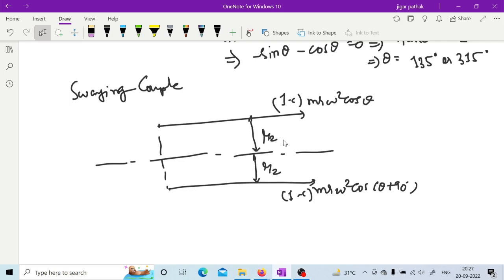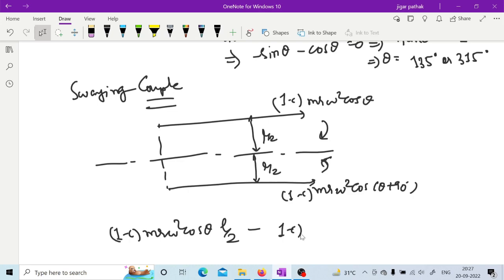So if both are at L by 2 from the center line, then here we are discussing about couple, right? If you take moment about the center line, then you have swaying couple as (1 minus c) m r omega square cos theta L by 2 minus, because here see the direction of couple is different, one is clockwise, other is anti-clockwise. So here (1 minus c) m r omega square cos (90 plus theta) L by 2, right?